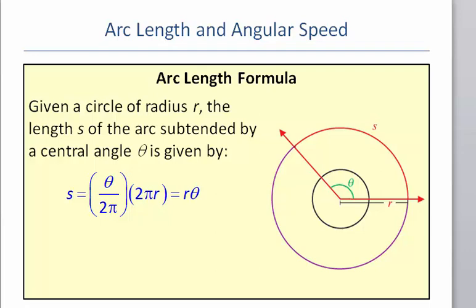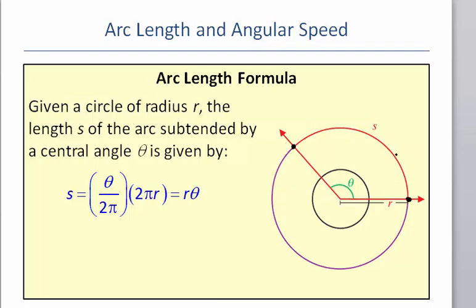To simplify things, let's be sure that we understand what it is that we're finding when we find arc length. So we have a circle, and we have an angle inside that circle. The distance from the point where the initial side of the angle intersects the circle, so from here, to the point where the terminal side of the angle intersects the circle.